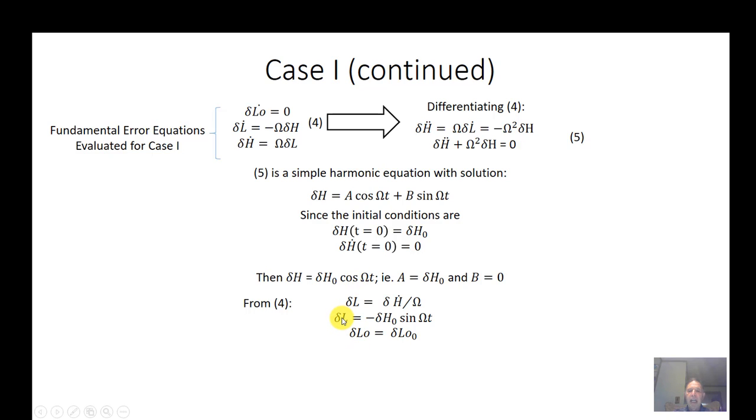Also solving for latitude, we get the error in latitude for this case is minus delta H0 sine omega t. So it begins at 0 and has a sinusoidal function, again with periodicity of about 23 hours and 56 minutes. And delta LO stays at its initial value of 0, or delta LO0.